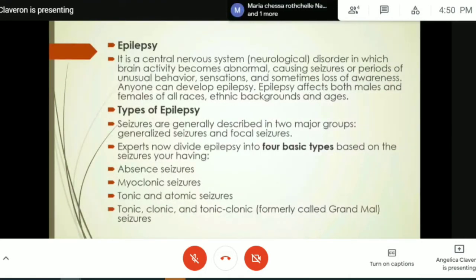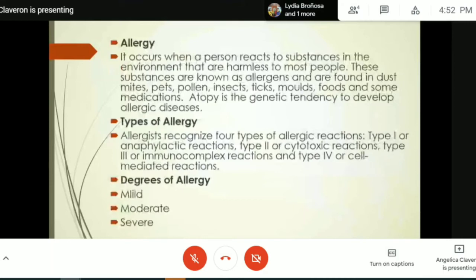It is a central nervous system neurological disorder in which brain activity becomes abnormal, causing seizures or periods of unusual behavior, sensations, and sometimes loss of awareness. Allergy. It occurs when a person reacts to substances in the environment that are harmless to most people.